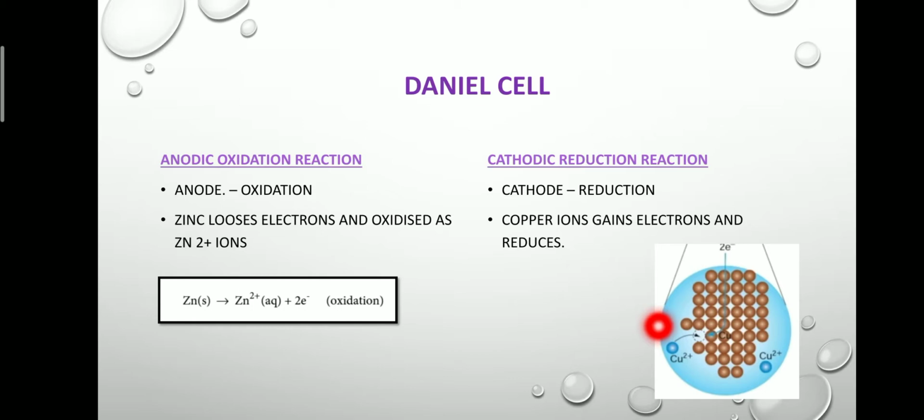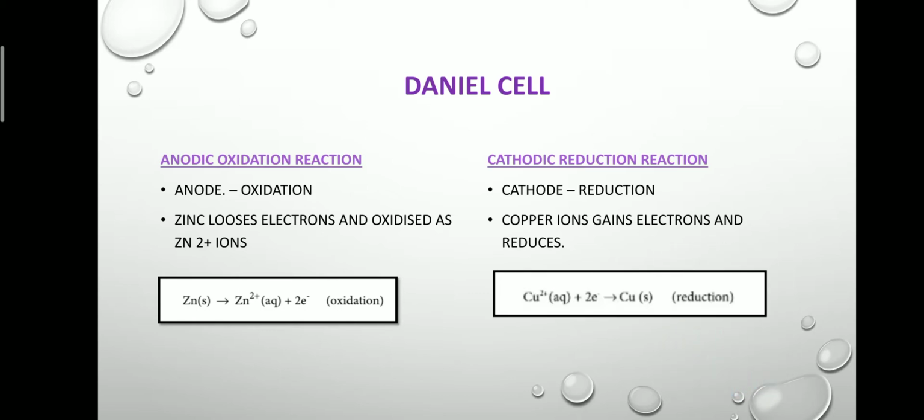In the copper sulfate solution, we have Cu2+ ions. These Cu2+ ions gain electrons, get reduced and get deposited on this copper metal. This reaction takes place at the cathodic half cell.